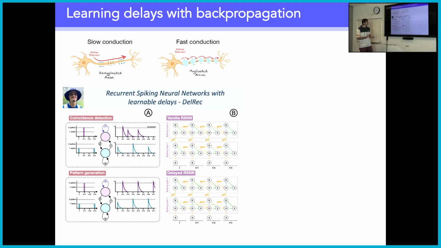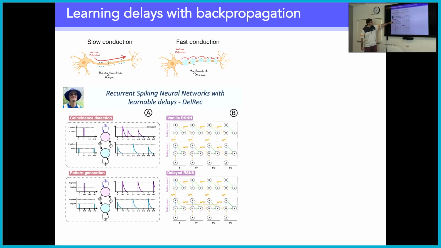I won't go into the details, but this is theoretical work showing that just changing slightly one delay in one connection can change a lot the behavior of the network. So here you have the same networks with the same inputs. The only thing is that this recurrent delay was changed from 1 to 3.